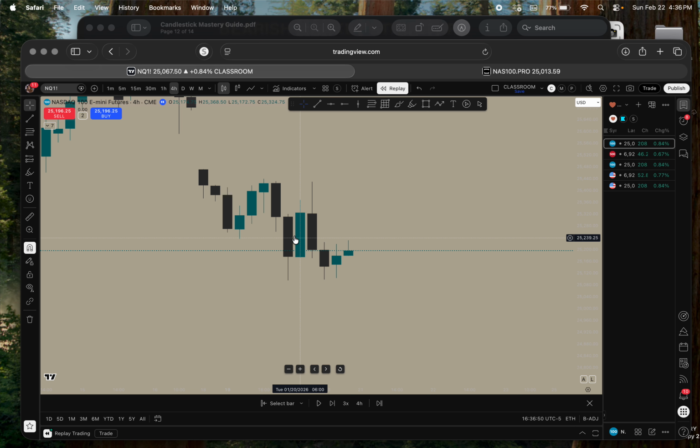It's not a green like this, which could still show you that sellers are in the market, because even though it's green, it's a very short, like a doji sort of candle where it's not giving you a clear decision. There's an equal wick at the top and the bottom, meaning the buyers and sellers fought pretty heavily here. Even though we opened at the bottom and closed at the top to show that this is a green candle, sellers were pretty dominant in this candle as well.